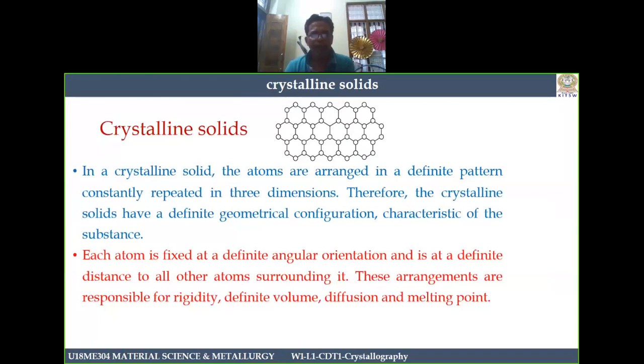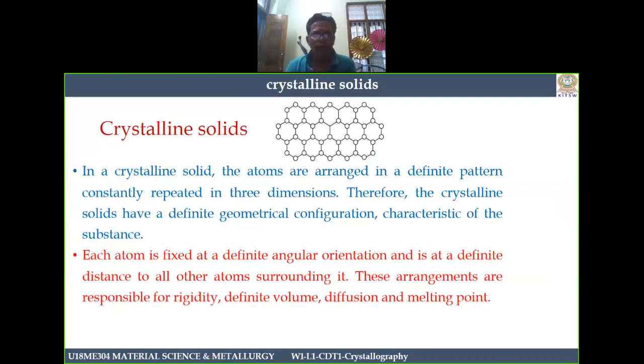Each atom is fixed at a definite regular orientation and is at a definite distance. The distance between two atoms is fixed relative to all other atoms surrounding it. These arrangements are responsible for various properties like rigidity, volume, diffusion, and melting point.